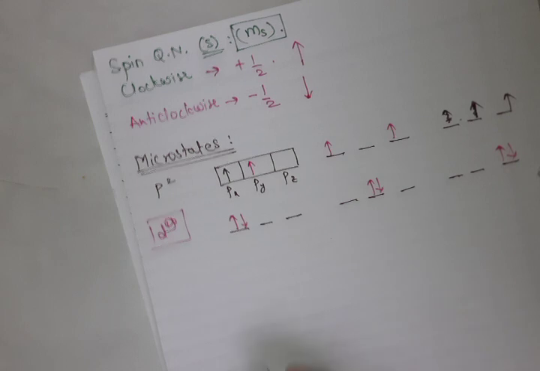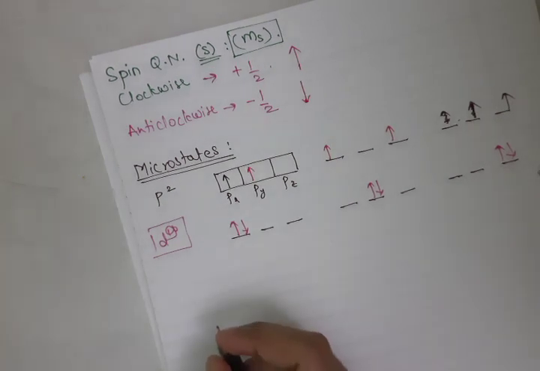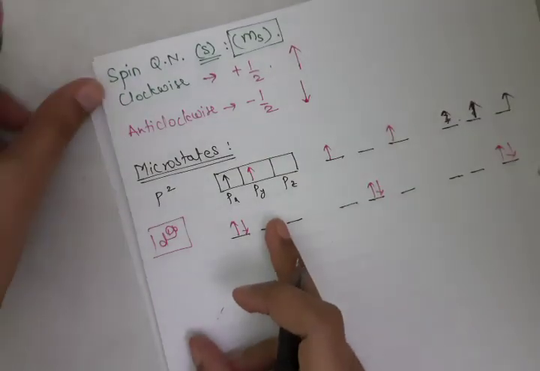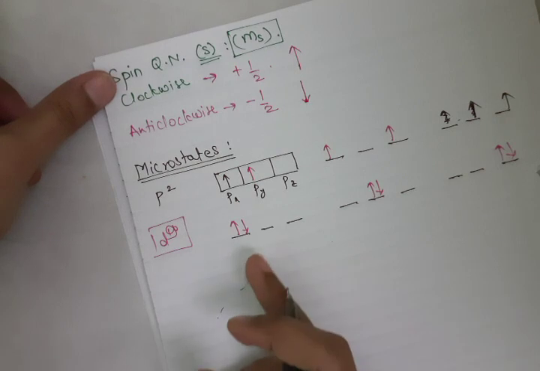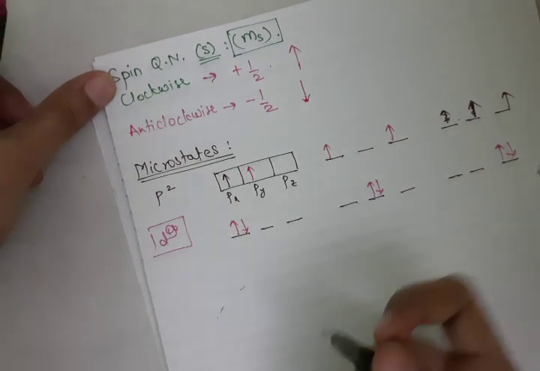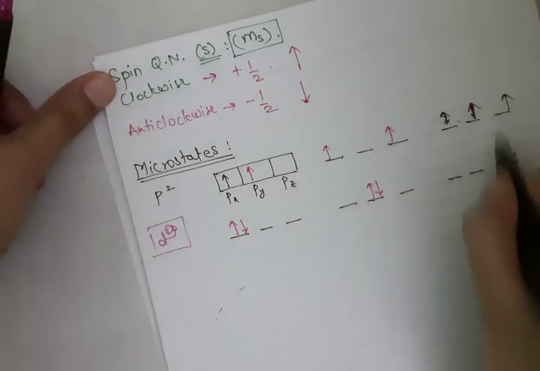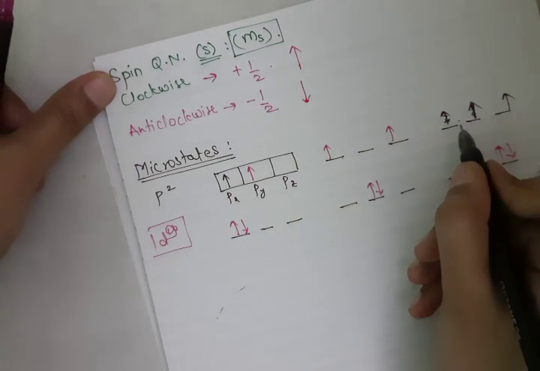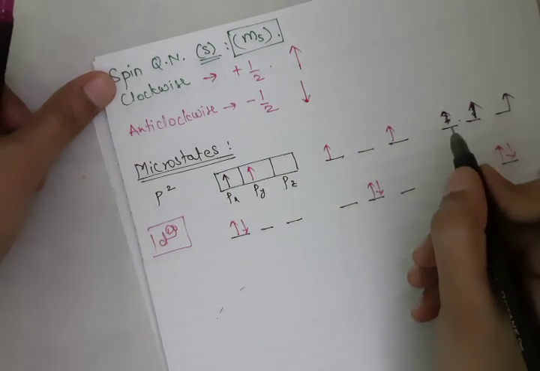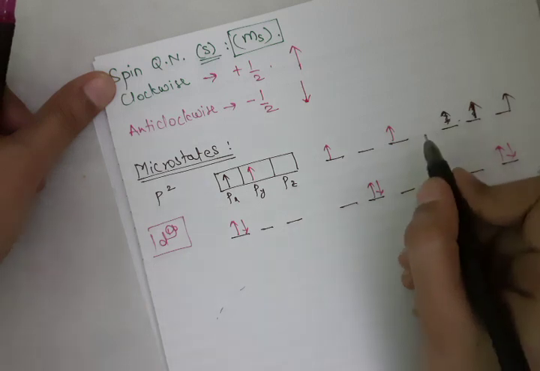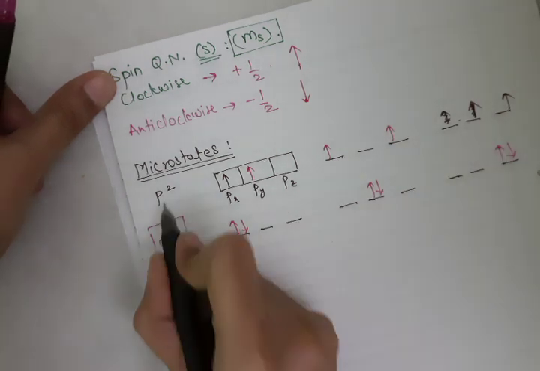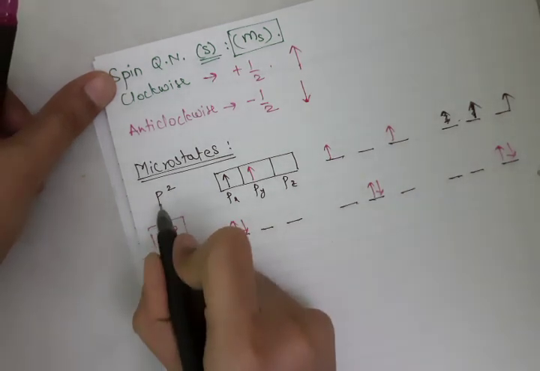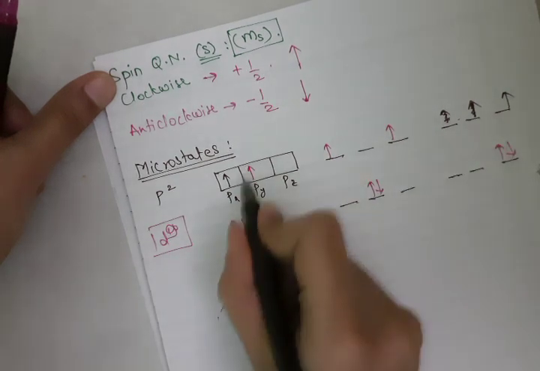So what is the definition of microstates? Microstates are the different ways in which the electrons can be arranged in the orbitals. The different ways in which the electrons are arranged in the orbitals of a subshell are called the microstates of the configuration. Means for the P2 electronic configuration, these are the microstates.